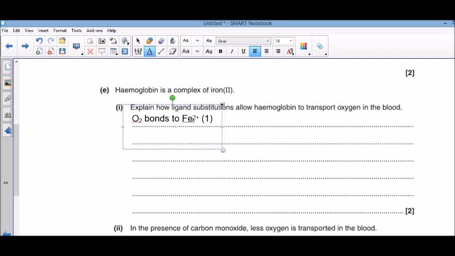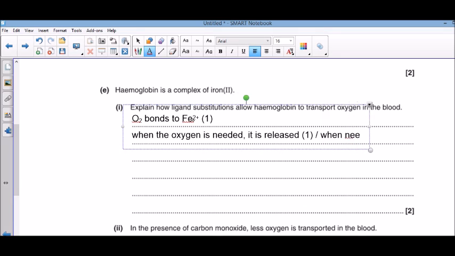And then we're going to say when the oxygen is needed, it is released. And that's the second mark. You could also get away with saying when needed, the oxygen is substituted for that second mark. So either of them will do.